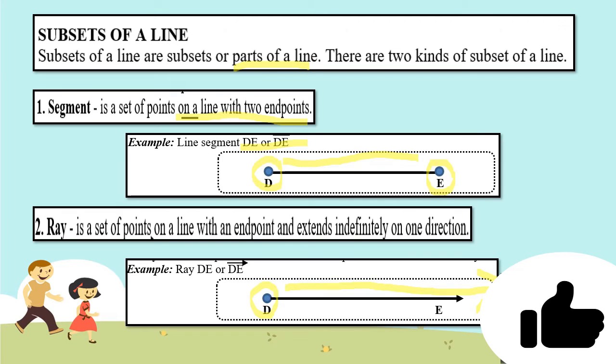So that is called a ray. It is called ray DE, or you can use a symbol for ray DE like this one: an arrow going to the right with the capital letters DE. That is considered a ray.